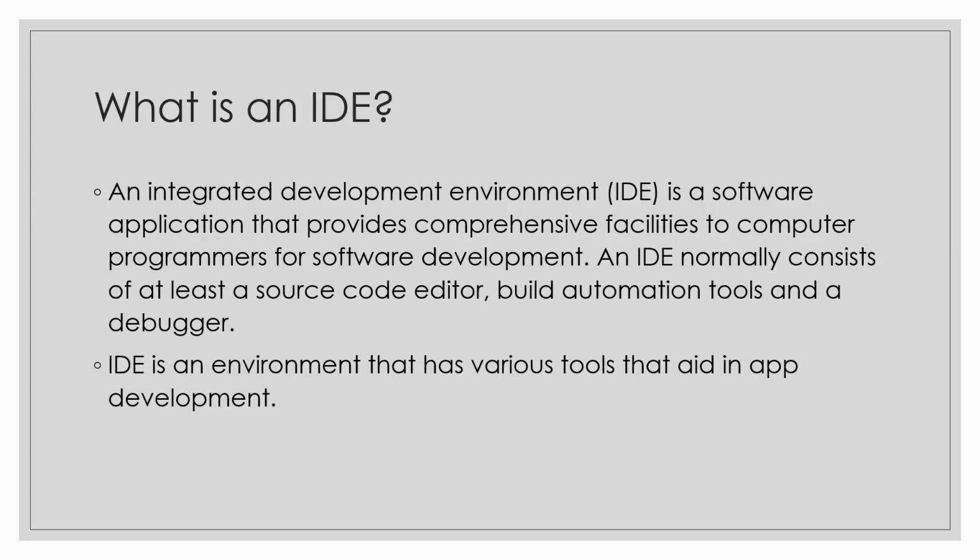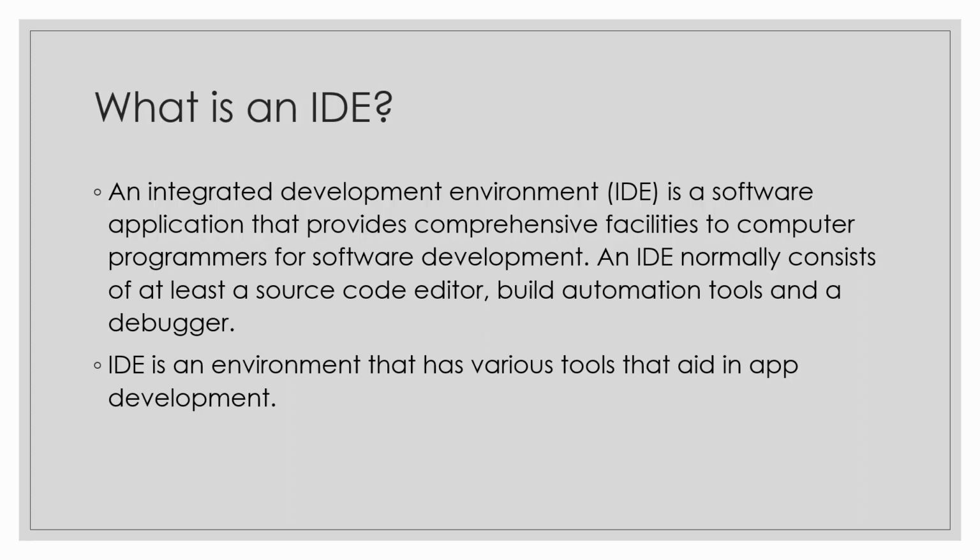An IDE normally consists of at least a source code editor, build automation tools, and a debugger. We will look more into that, but from a bigger perspective, a source code editor is an editor in which we write our code. Automation tools are the tools which help us in writing the code, and a debugger is what we use for debugging the code or the software.